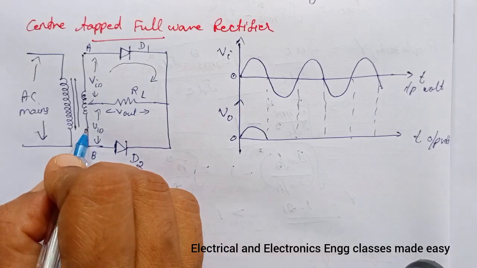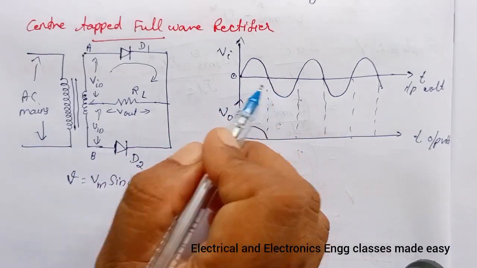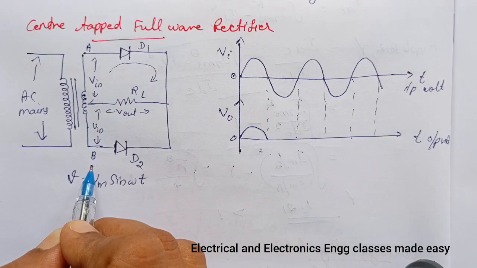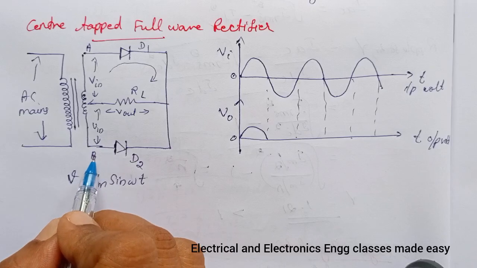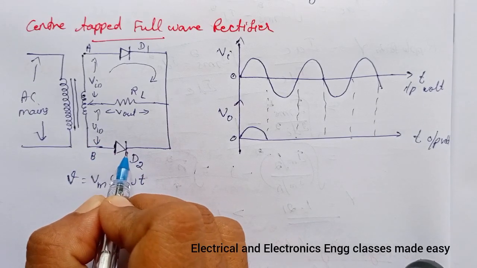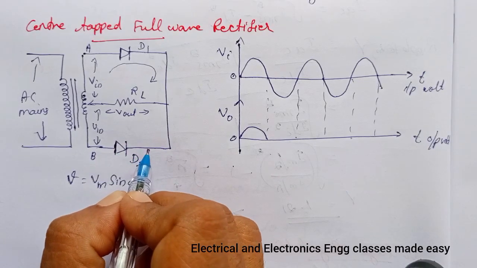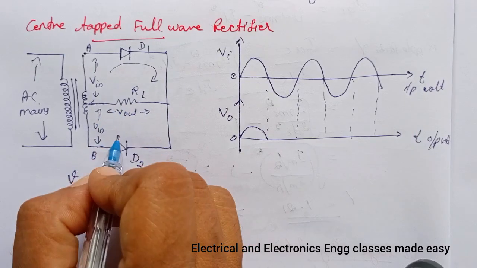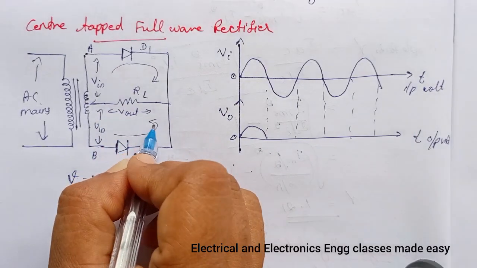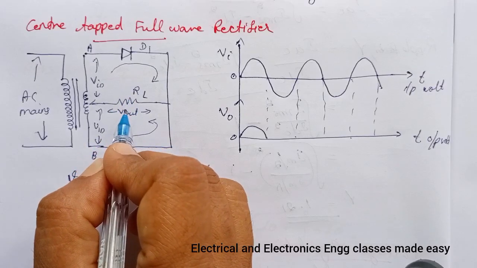During the negative half cycle, the terminal A is negative with respect to B, so B is positive. Diode D2 is then forward biased. Consequently, the current flows through the load resistor, in this way, and we get the output across the load resistor.